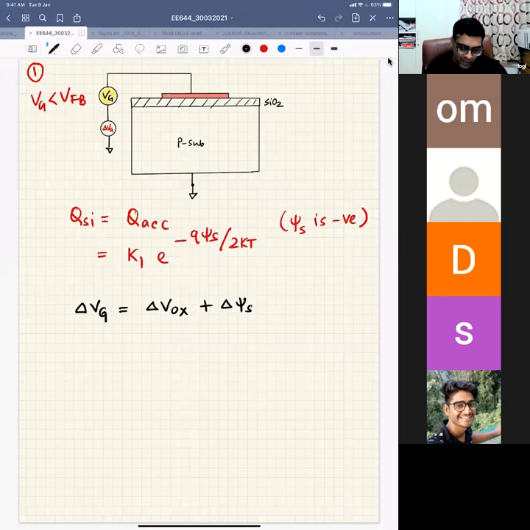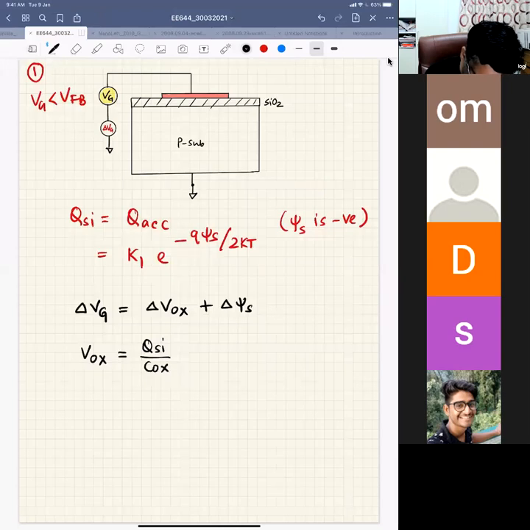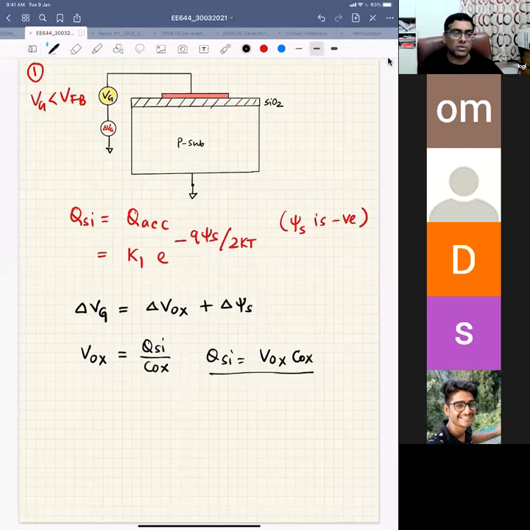Okay. So here, we know that your Vox is nothing but your silicon charge by Cox, right? And you know that Q silicon is nothing but Vox times Cox, because this is in accumulation. So Q silicon is nothing but Vox times Cox, which is nothing but Q accumulation in this case, right?